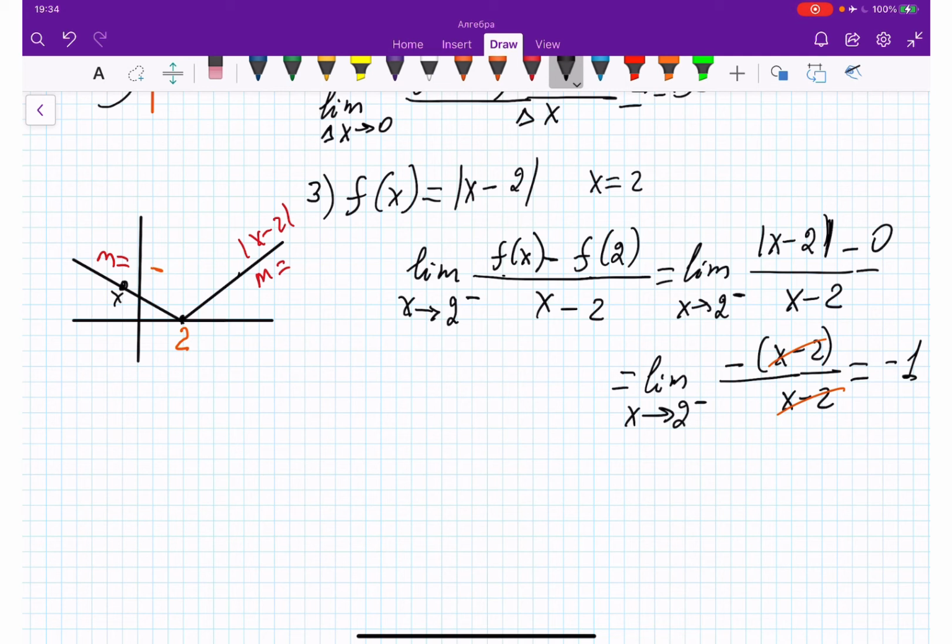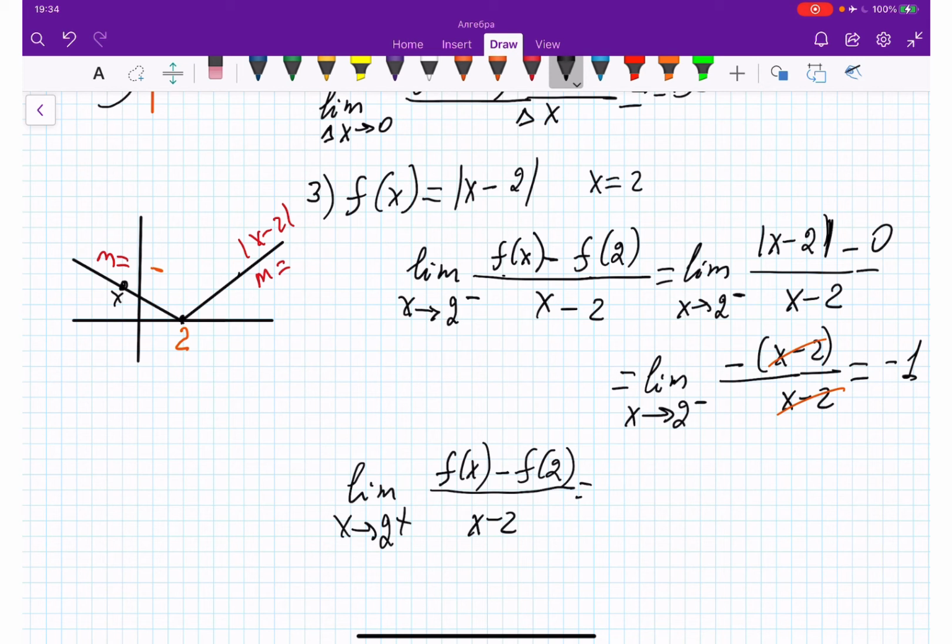So the limit as x approaches 2 from the positive side. We are getting f of x minus f of 2 over x minus 2.